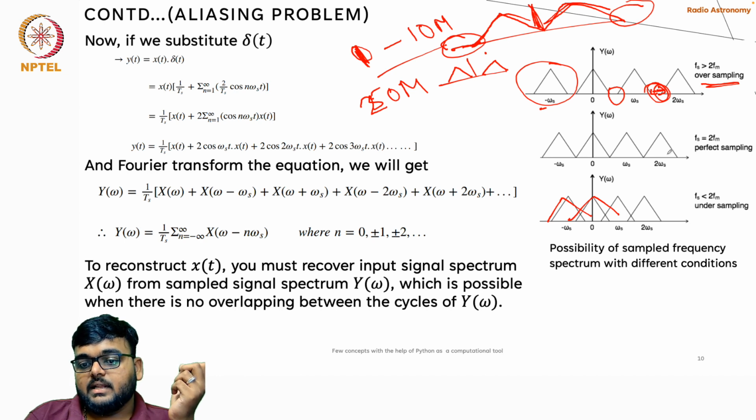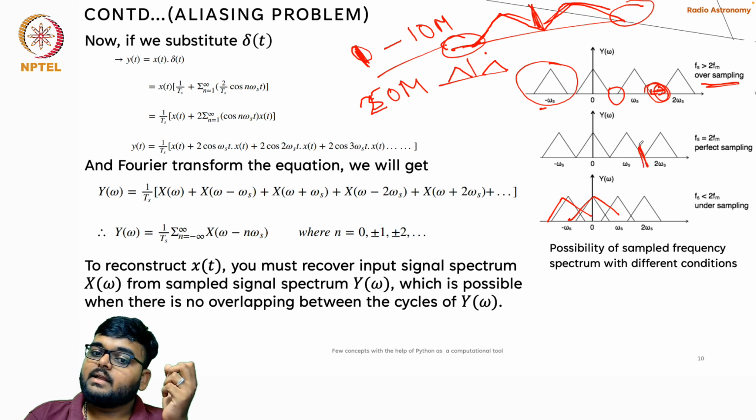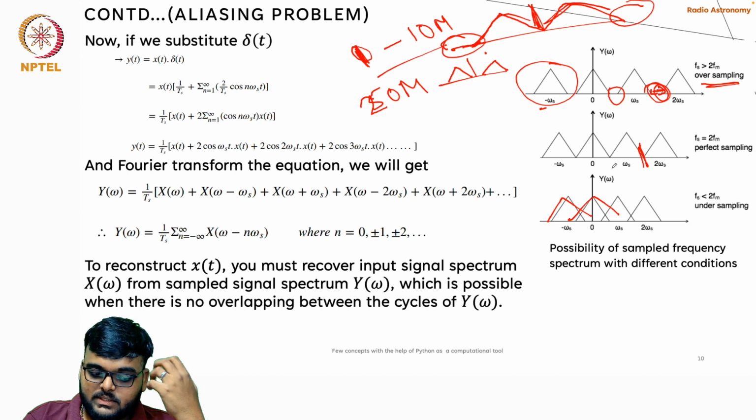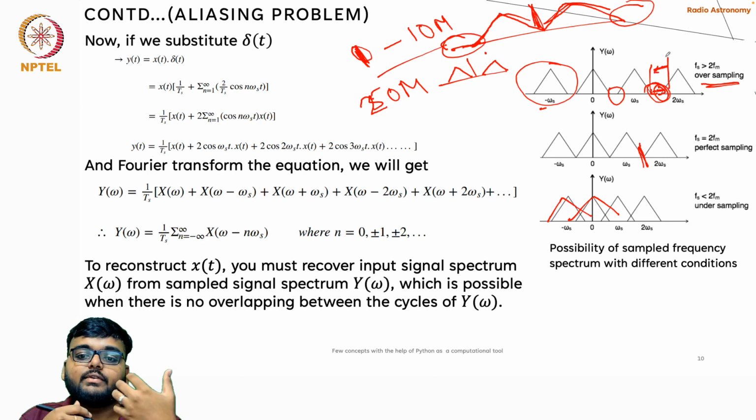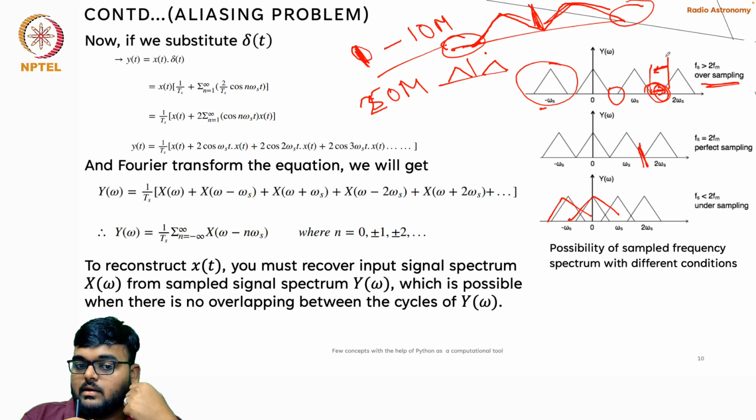Perfect sampling results in no space, but it is a thumb rule that you should leave some guard band over here, such that if there is some kind of instrument error or drift, it won't go under undersampling and you have a signal loss.